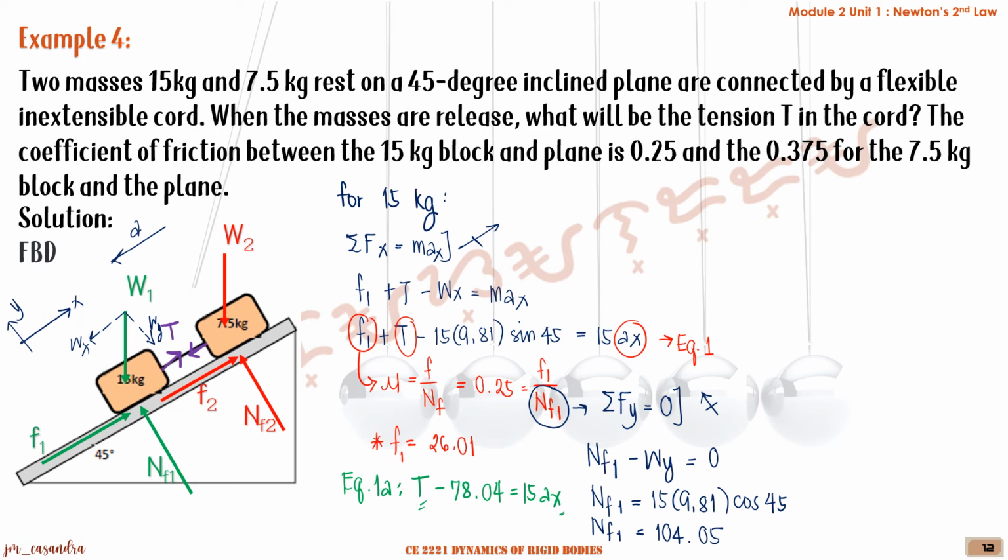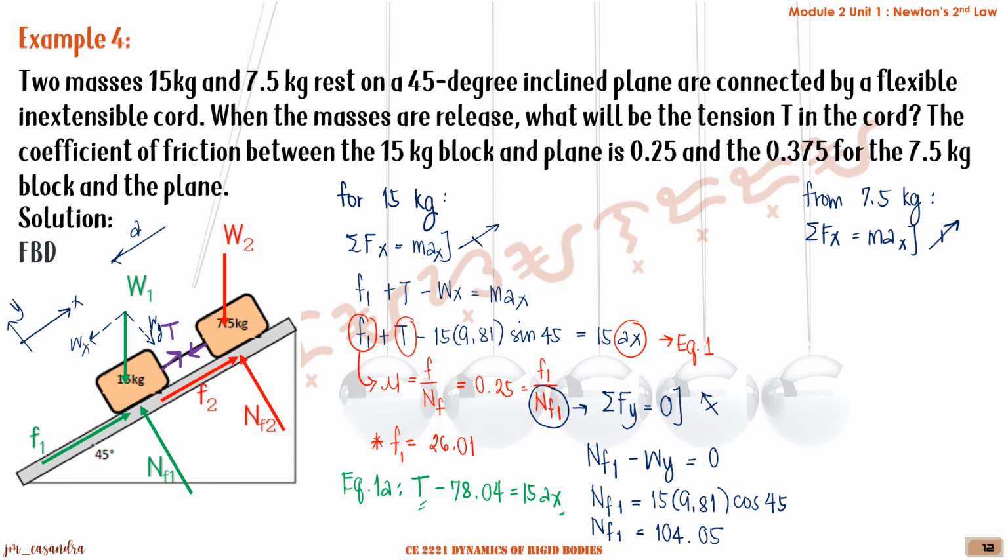Okay, so we have 2 unknowns na lang. So we need one more equation. So where will we get the other equation? We get it from the 7.5 kilogram. So with that, we have again summation of forces along x equal to mass times the acceleration x. So this direction is positive.